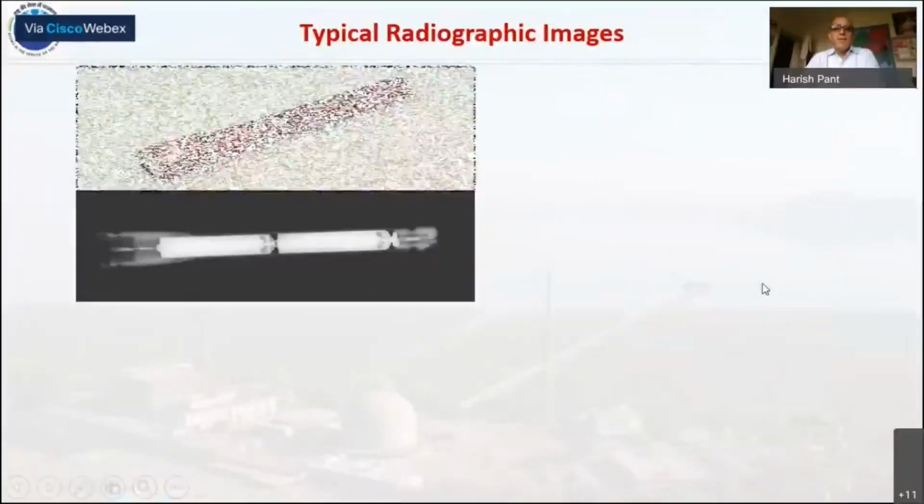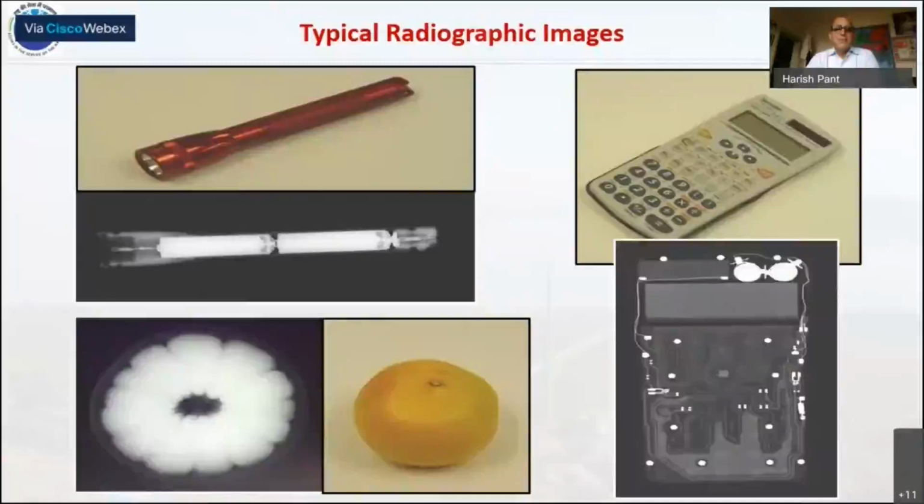You can see here some of the radiographic images. If you take a radiograph of a torch, the image on an X-ray film will be like this.